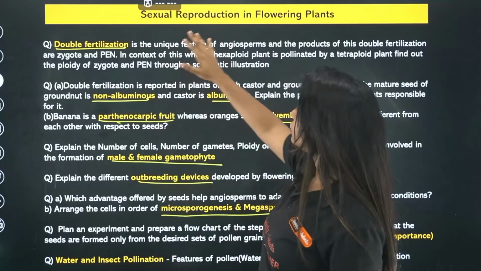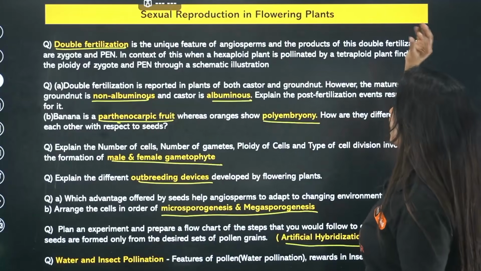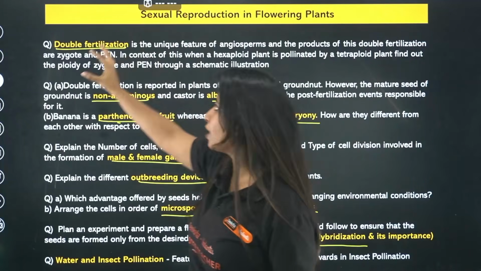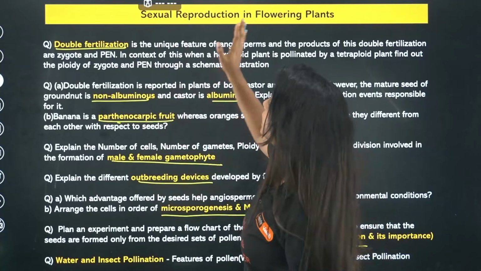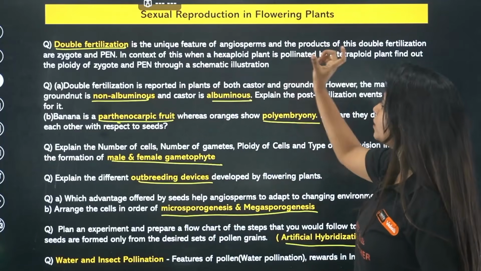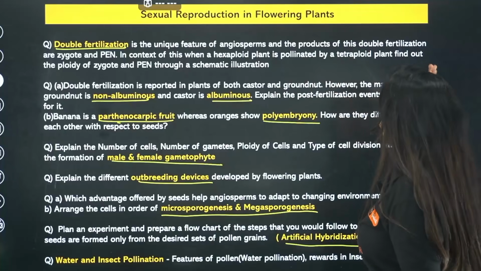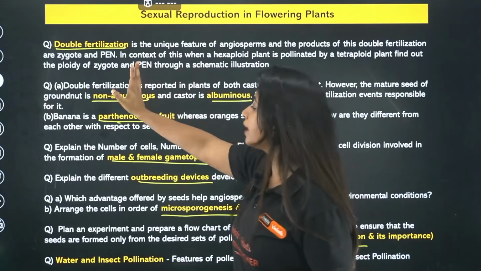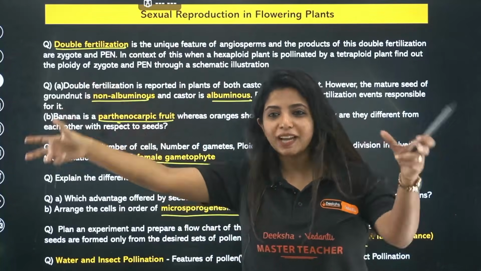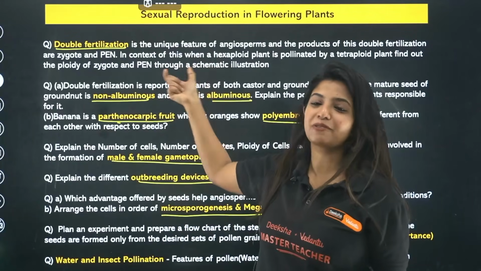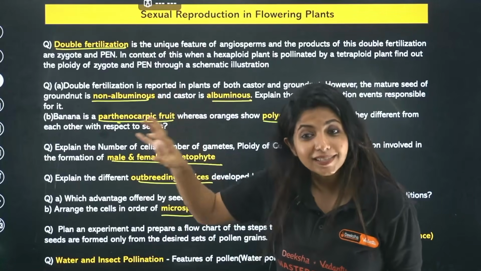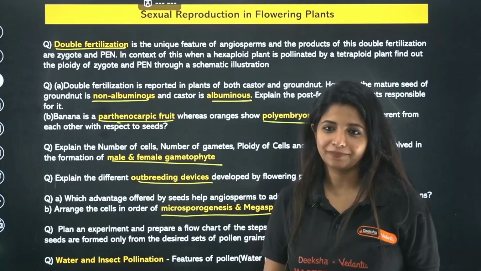Double fertilization is a unique feature of angiosperms, and the products of this double fertilization are the zygote and the primary endosperm nucleus. In the context of this, when a hexaploid plant is pollinated by a tetraploid plant, find out the ploidy of the zygote and the PEN. So when these two types are coming together, what is the ploidy going to be of the zygote and the primary endosperm nucleus? You can get this type of complicated questions as well.